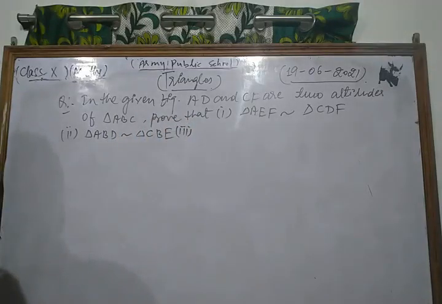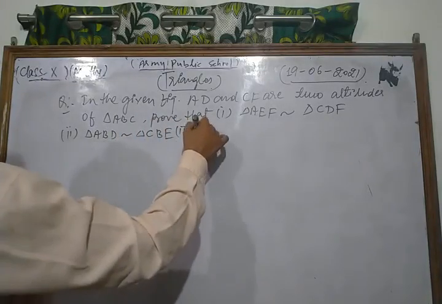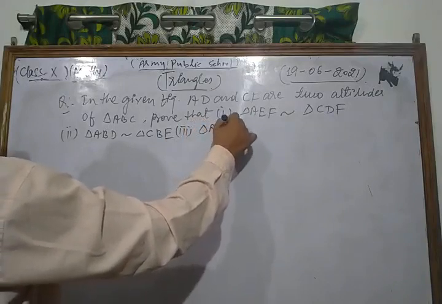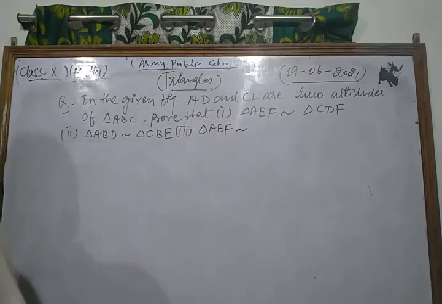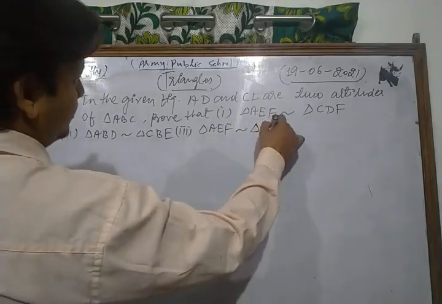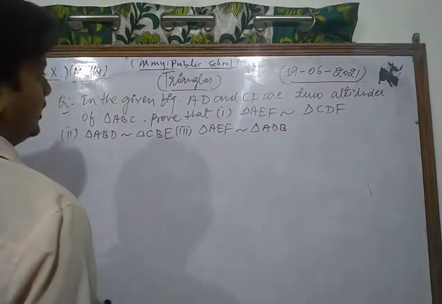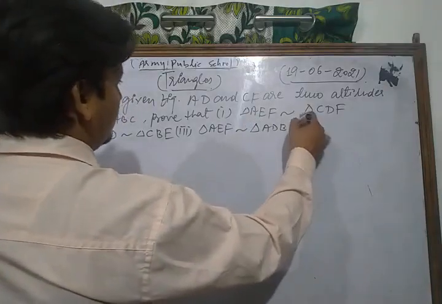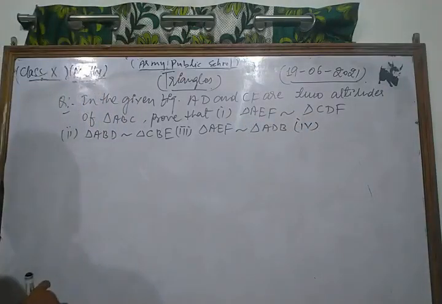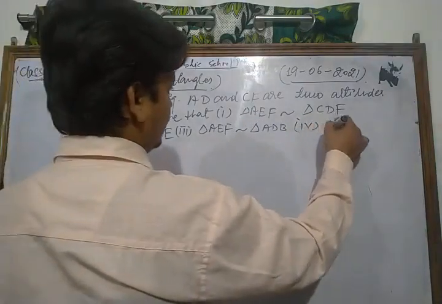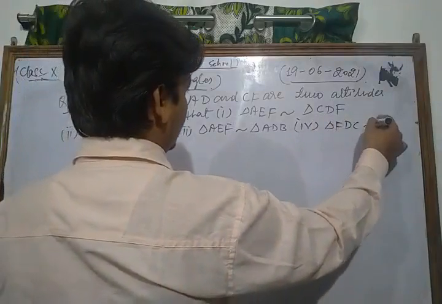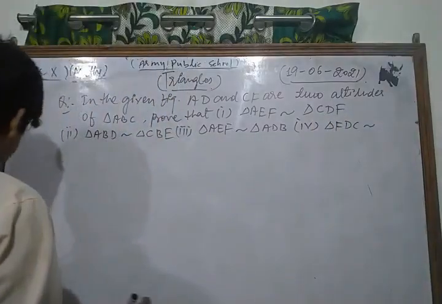Third part is triangle AEF is similar to triangle ADB, and fourth one, triangle FDC is similar to triangle BEC.